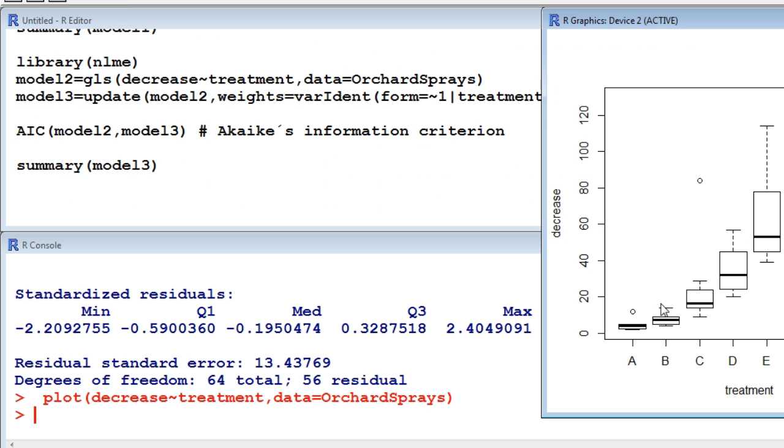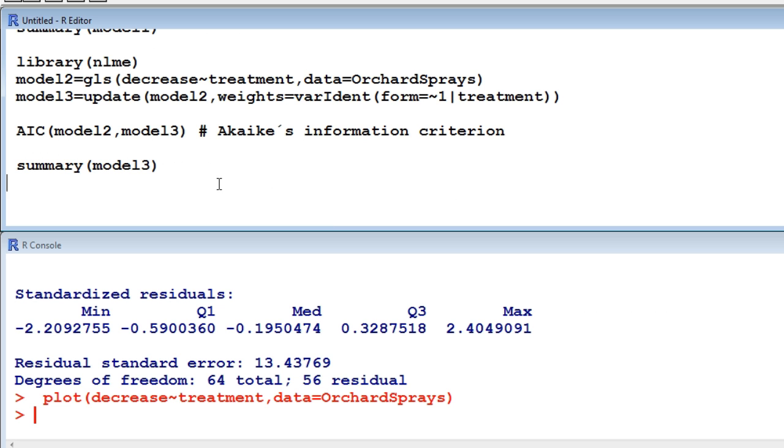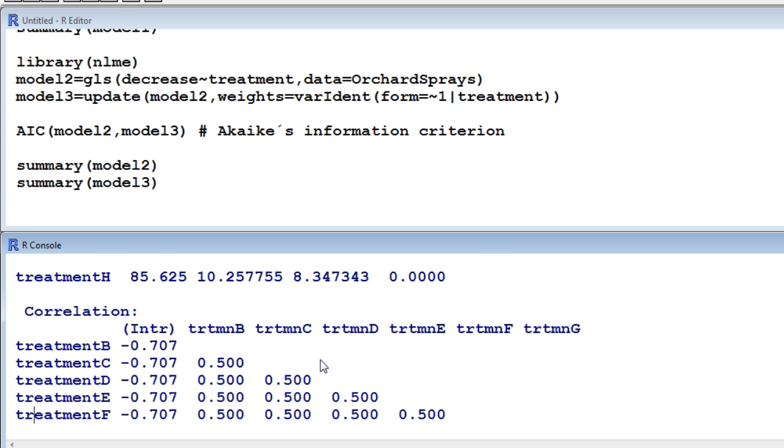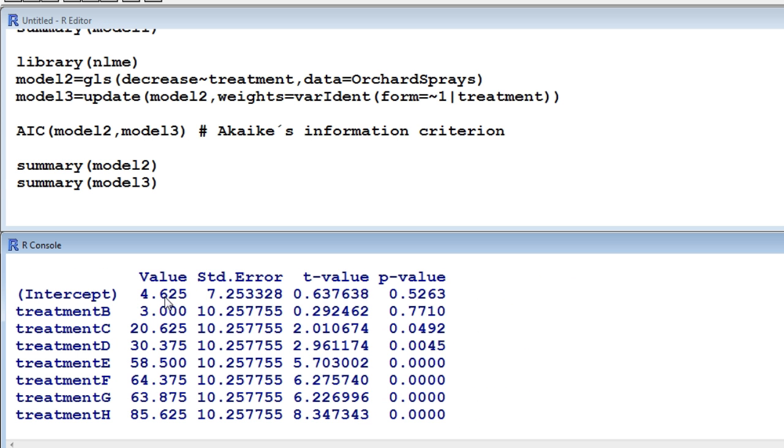And if you want to see a comparison between the summaries of both models, we start with summary of model 2, which is the one without a variance function. So coming back to it, you can see the standard errors are always 10.25 for B, C, D, E, F, G. But in model 3, if you scroll upwards here, you see the standard errors are not always that particular value.